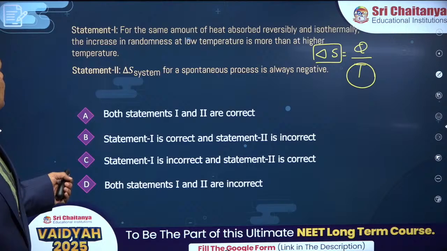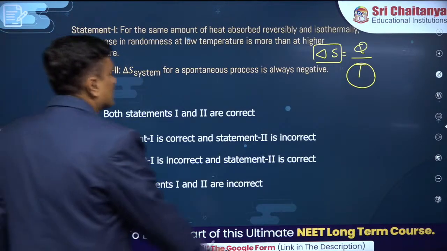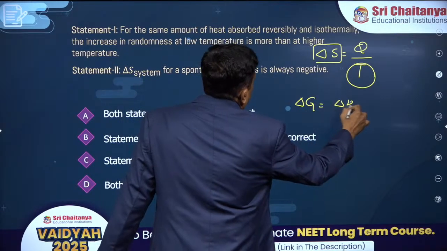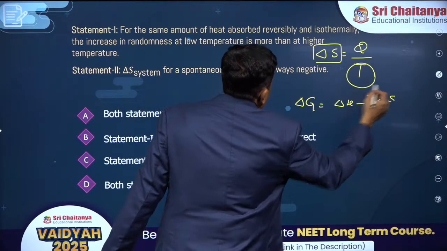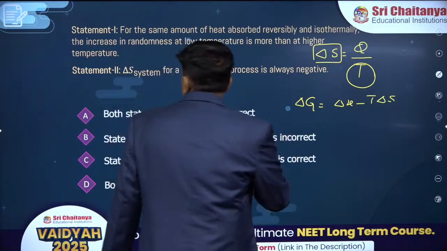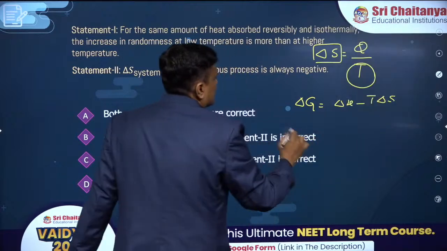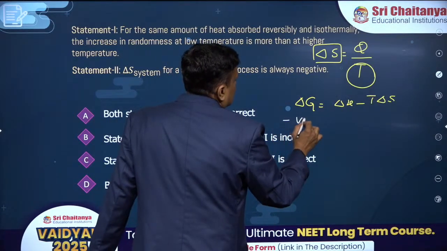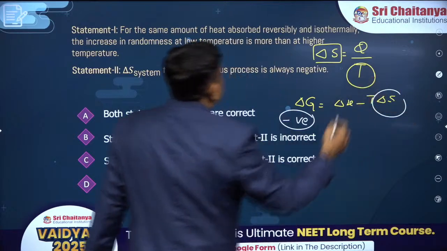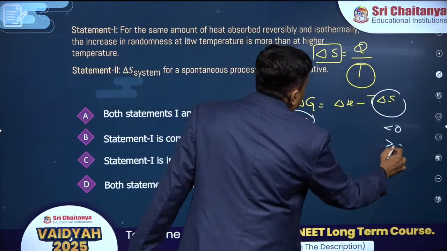Statement 2, delta S of system for a spontaneous process is always negative. This is not sure, right? Because when we talk about delta G, listen to me, the sign of delta S could be negative or positive.